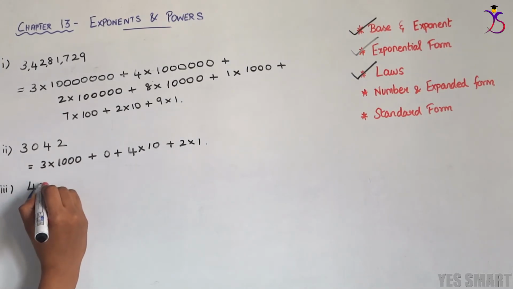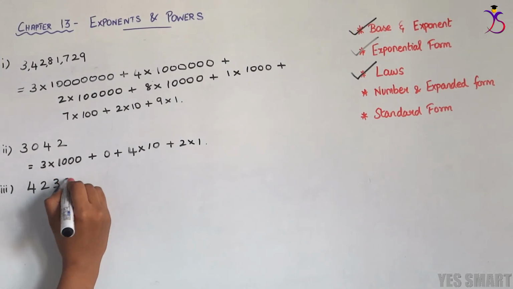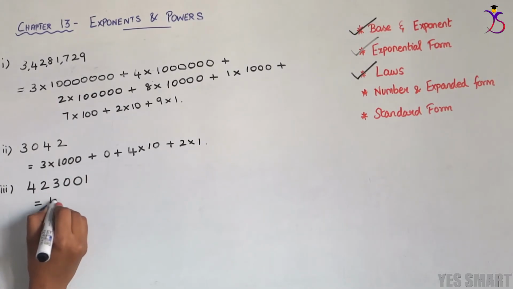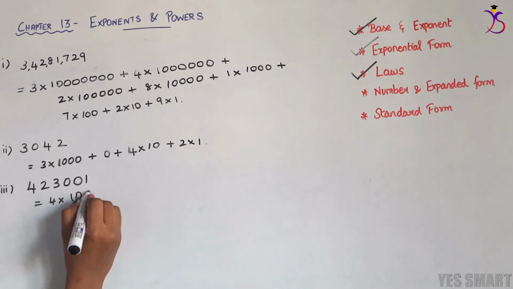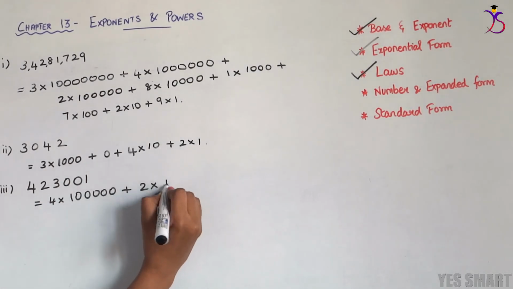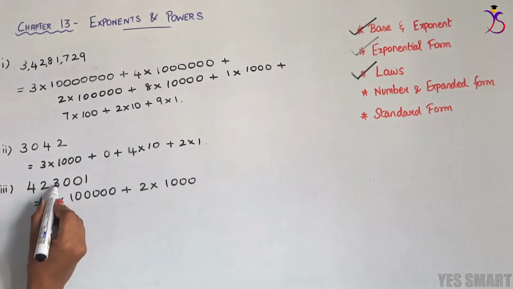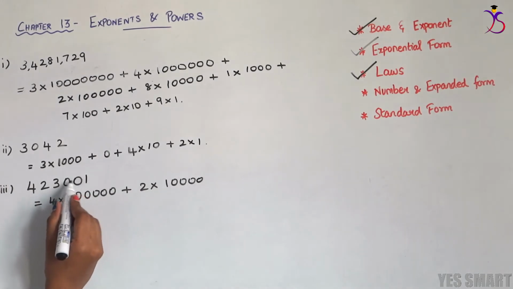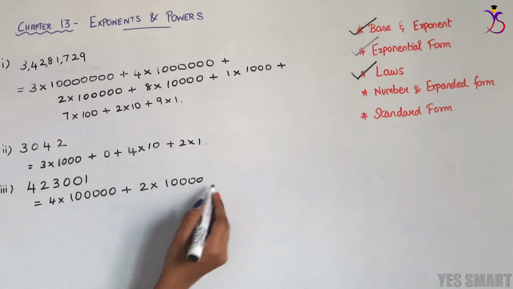Now let's look into the other example, 423001. Now let's expand this: 4 into 1, 2, 3, 4, 5, 1 followed by 5 zeros, which is 1 lakh, plus 2 into 10,000 plus 3 into 1000.